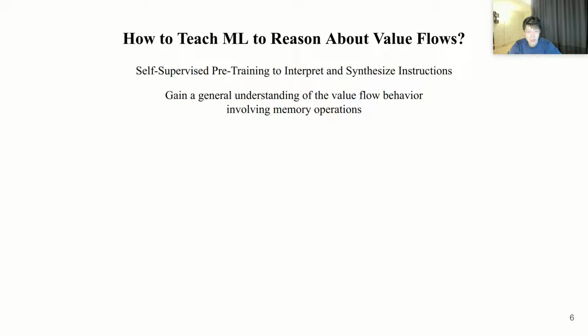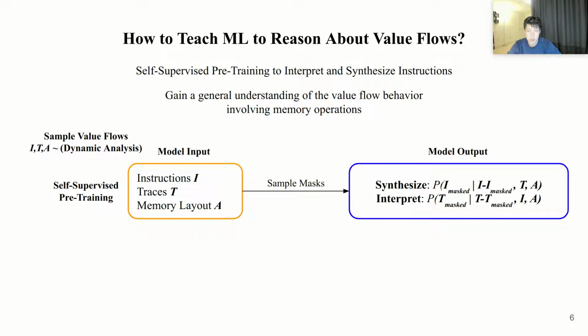Our idea is to train the model on a large number of programs along with these execution traces involving memory accesses, to help the model learn the semantics of various memory accessing instructions and compose them to reason about their value flow behavior. Specifically, using dynamic analysis, we sample the instructions I, their execution traces T, including data flow and control flow, and the memory layout of the code A, and apply a masked language model on these modalities as a self-supervised pre-training task.